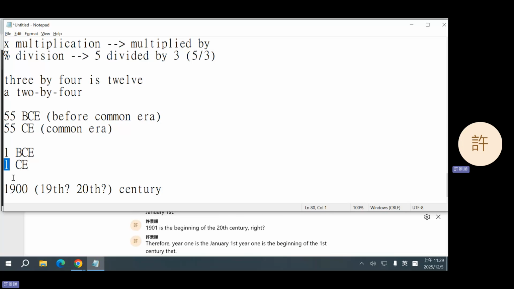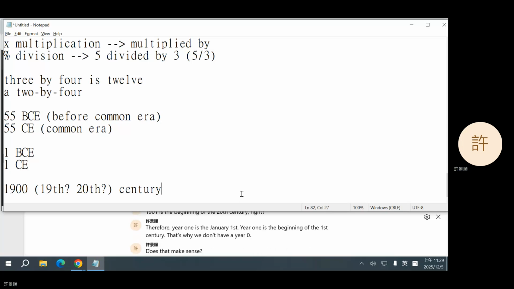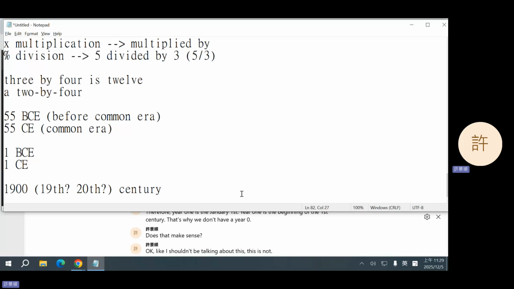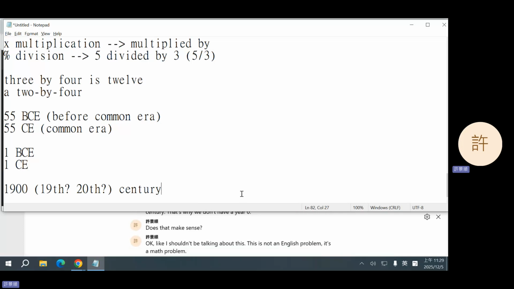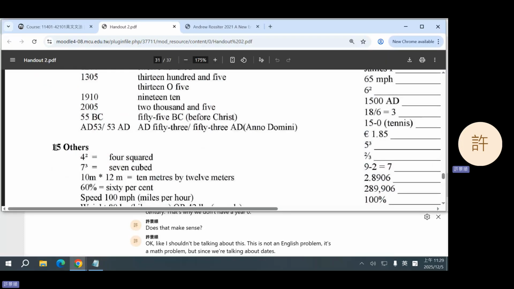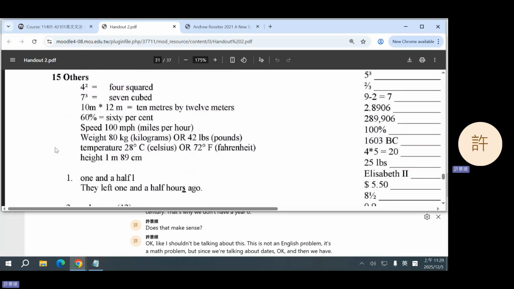That's why we don't have a year 0. Does that make sense? Okay, like I shouldn't be talking about this. This is not an English problem, it's a math problem. But since we're talking about dates. Okay, and then we have some other stuff here.